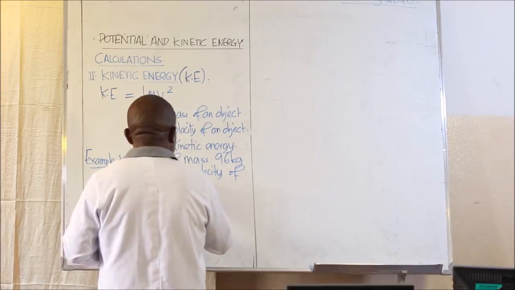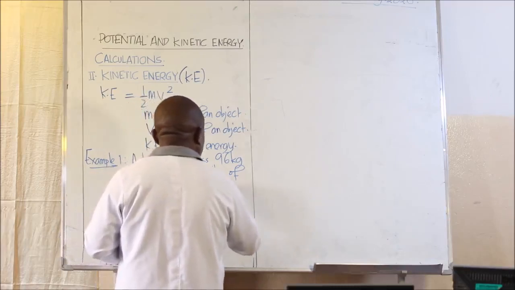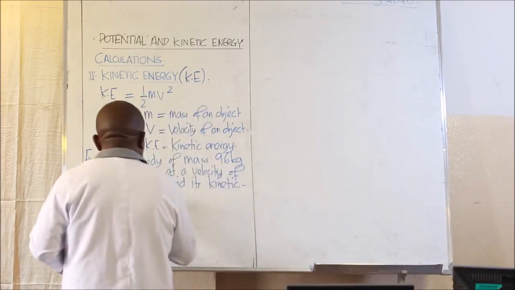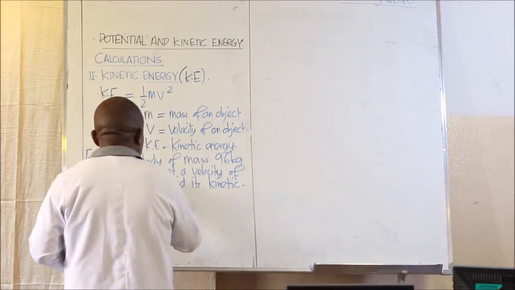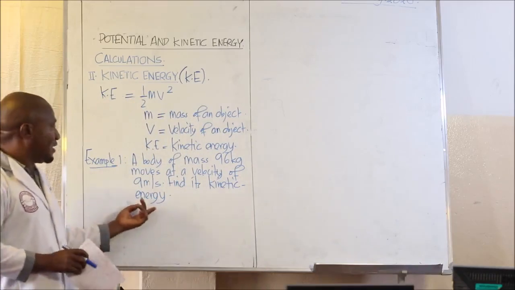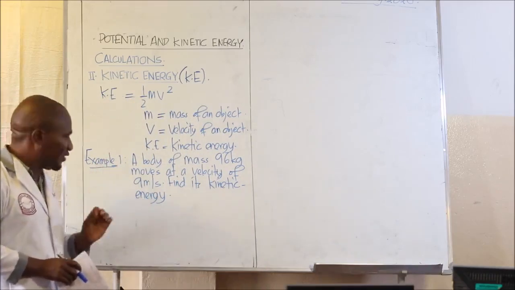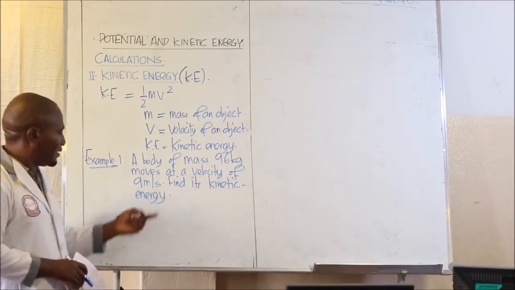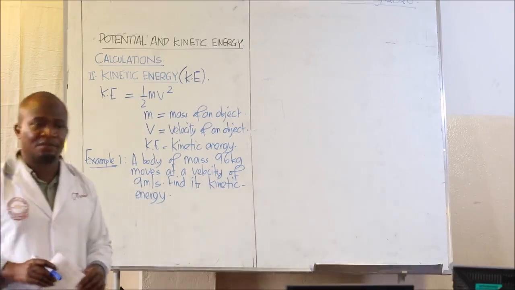Find its kinetic energy. That is our question. A body of mass 96 kilograms moves with a velocity of 9 meters per second. Find its kinetic energy.